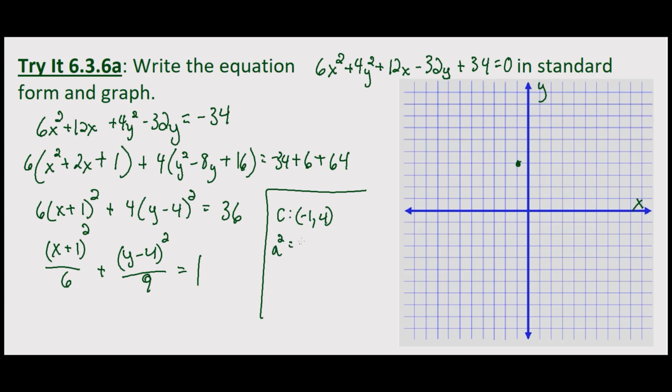A squared equals 6. So A equals plus or minus the square root of 6, which is approximately plus or minus 2.45. So we go 2.45 in each direction horizontally from the center, and we plot points there.